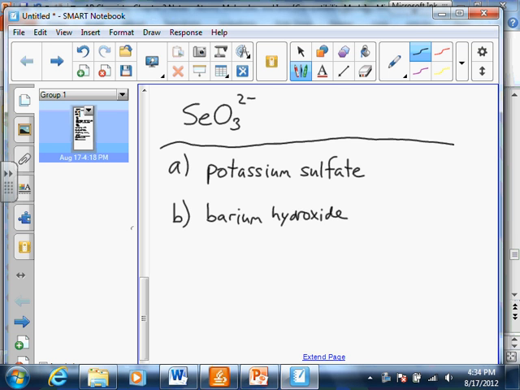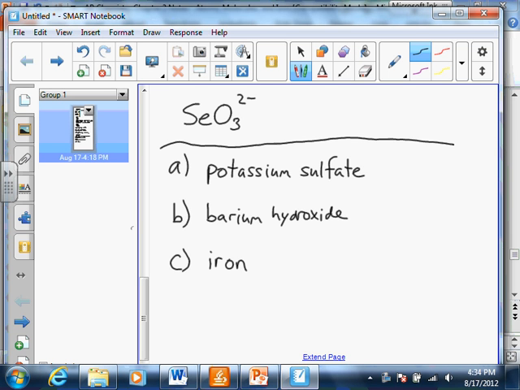And then C, FeCl3. Fe is iron, Cl is chlorine. So this is iron chloride, just chloride, because this is not a polyatomic, so it doesn't end in ATE or ITE. But there is a twist here. Iron is a transition metal, so you have to tell what the charge on the transition metal is.